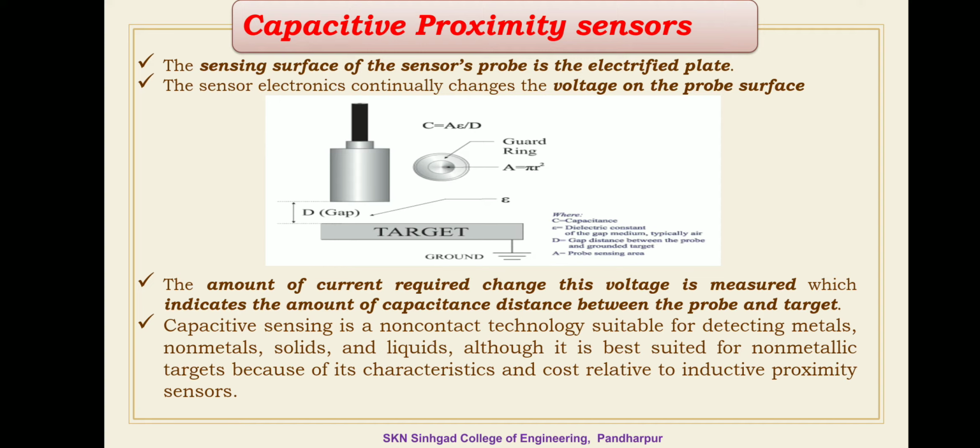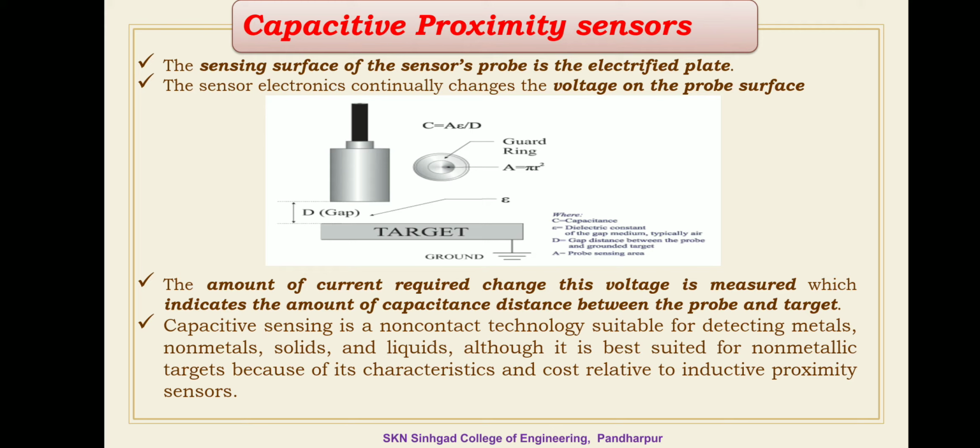Depending upon the separation, the capacitance will change. Therefore, the proximity of an object can be detected if one plate of the capacitor acts as a switch and the other plate acts as the metal object whose proximity is to be detected.